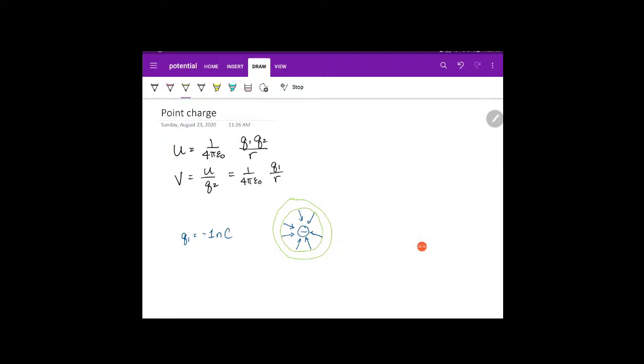And those points along those spheres where the electric field is constant are the points where the potential is also constant. And so that means that there is an energy difference between any of those places.